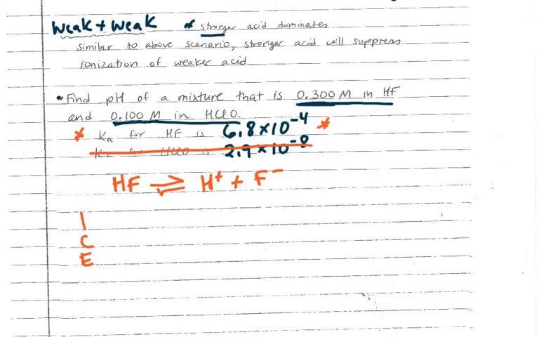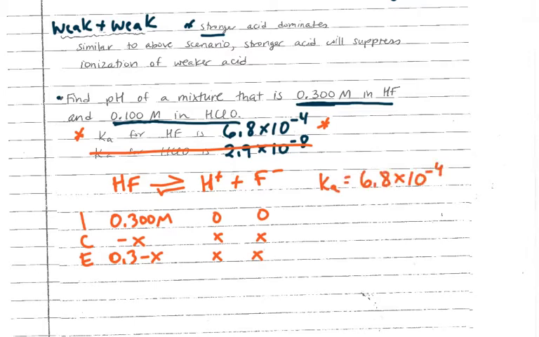So the initial concentration of the HF was 0.300 molar. It's going to go down by x amount. This is going to go up by x amount. And so these are our equilibrium concentrations for everything. And the Ka, we already looked up on the table, 6.8 times 10 to the negative 4th.